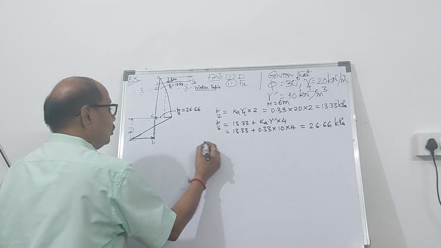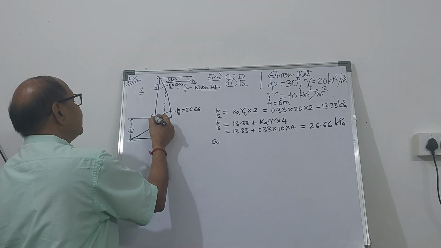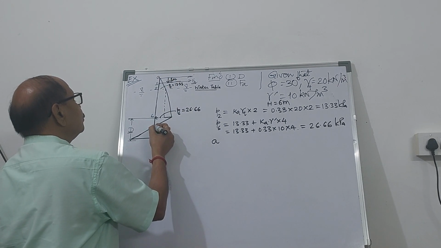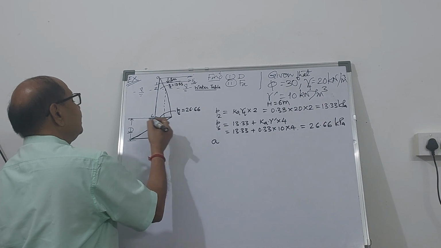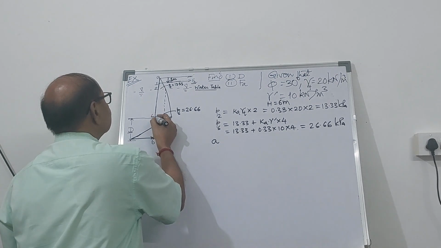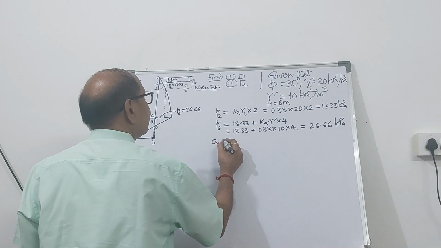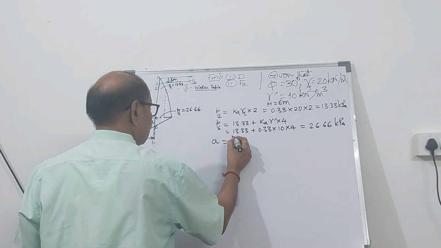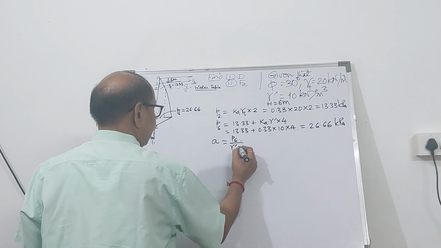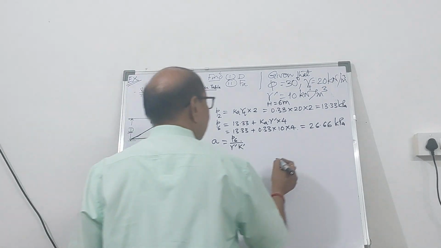Now the value of A also, between 0.6, and this, if it is A, B, you may call this point as C. So the value of A, C to 6, it is going to be A. A must be equal to P6 divided by gamma prime into K prime, where K prime can be calculated.